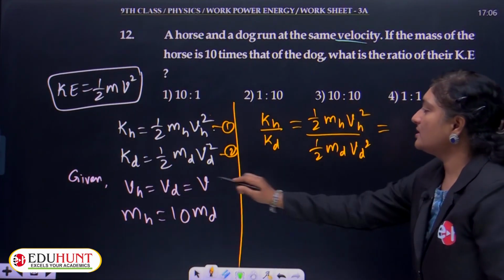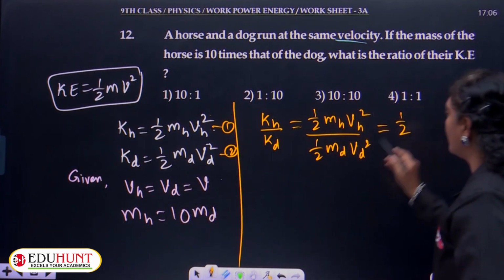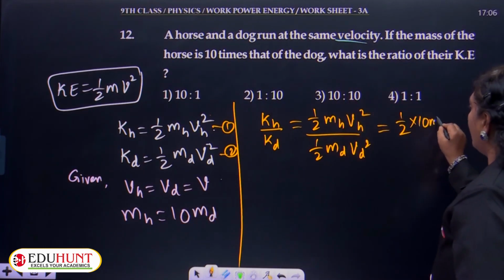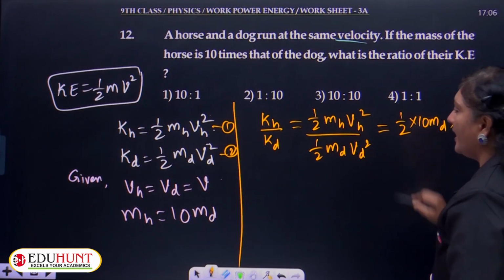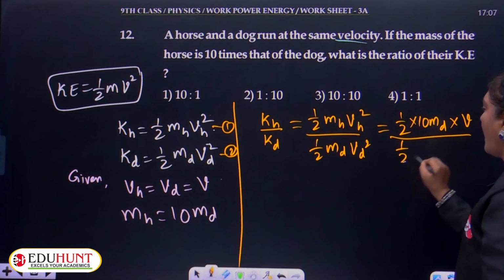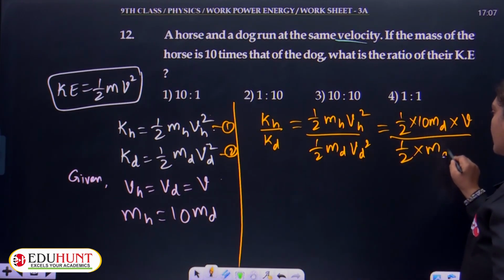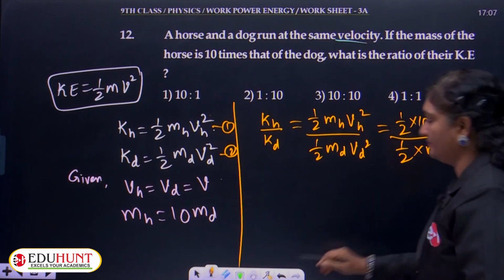Substituting the given values, we have half, instead of mh, I should replace it with 10 md, mass of dog, vh and vd both equal to v whole square, upon again half mass of the dog as md itself into v square.